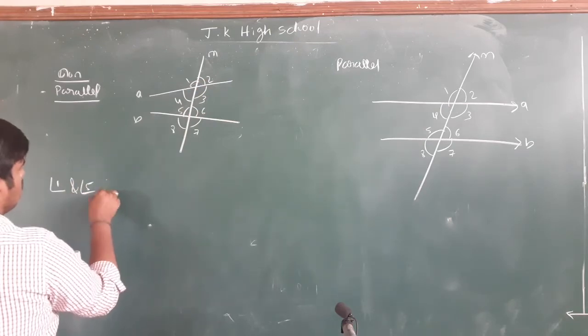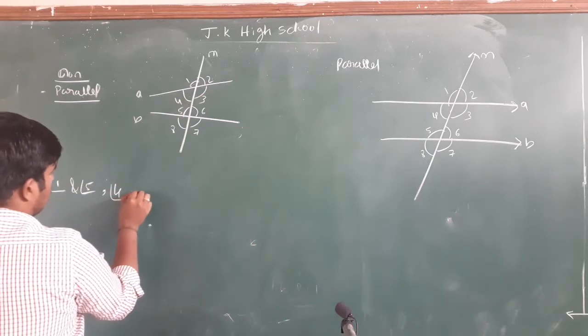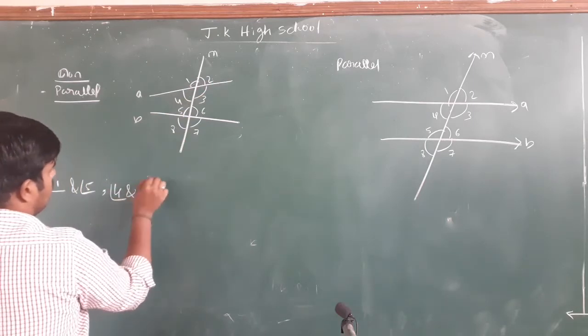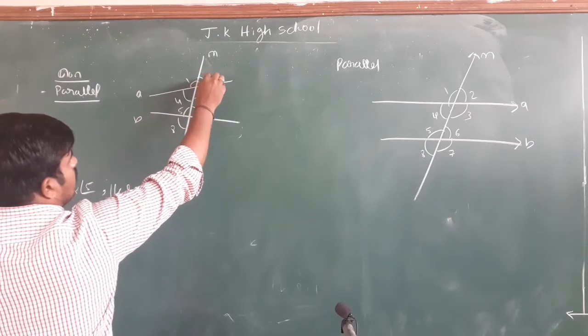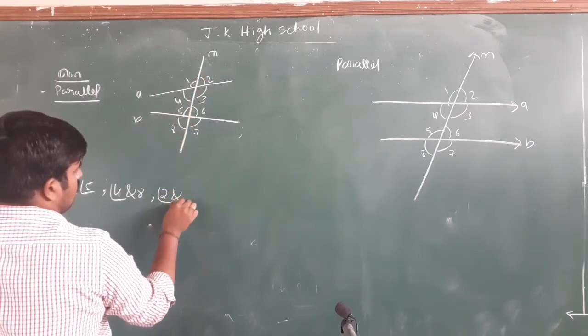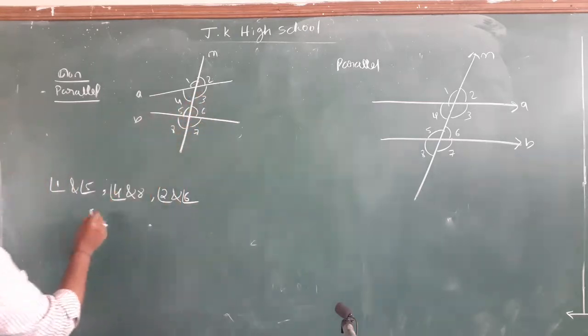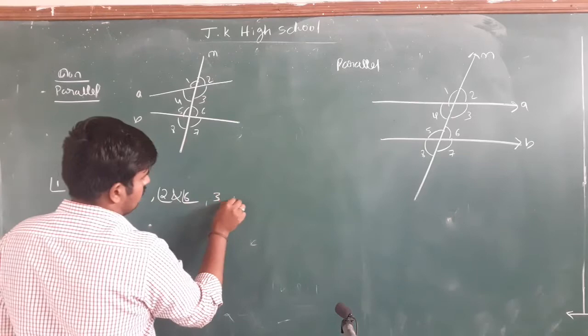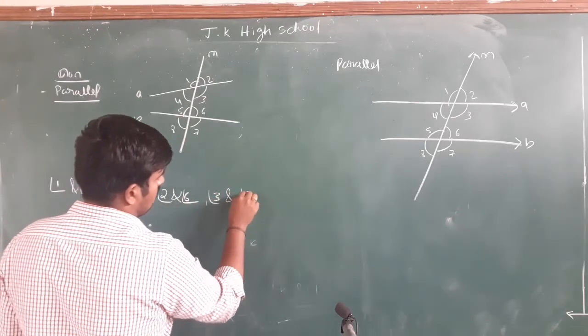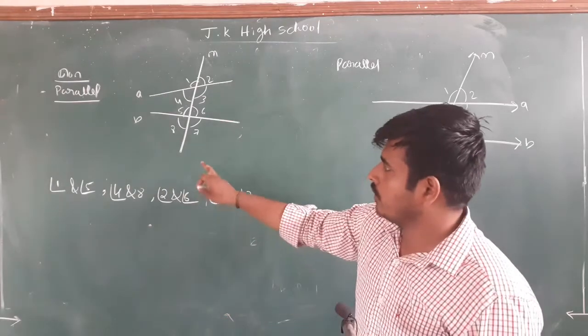Next, 4 and 8. Here 2 and 6. 3 and 7. In total, 4 pairs of corresponding angles are formed.